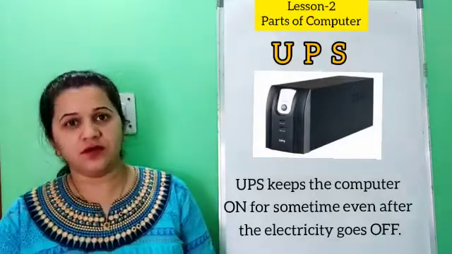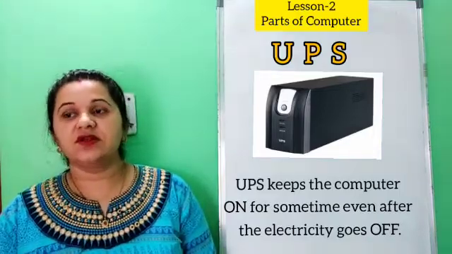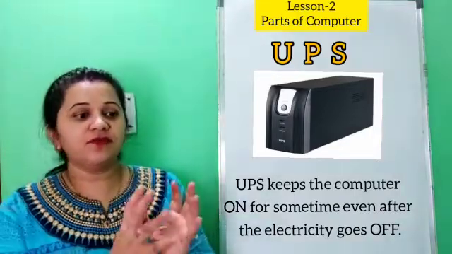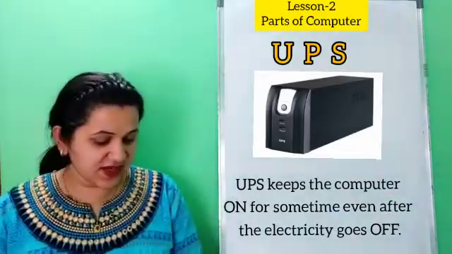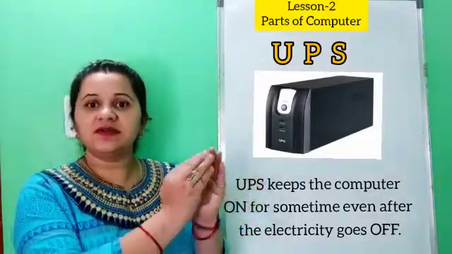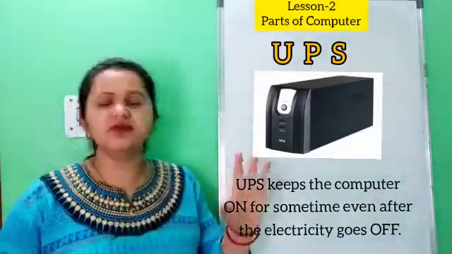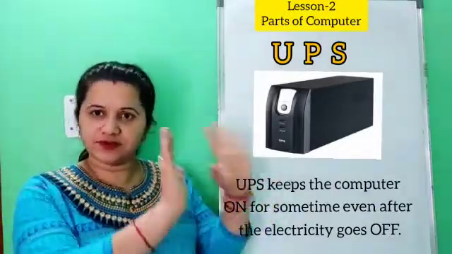It will not work. So to overcome this situation, for the time being, we would require what? We would require a UPS. What it does is keep the computer working for some time. Whether the light has gone or not doesn't matter. It will keep your computer switched on.